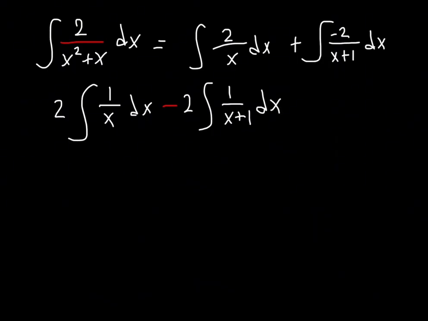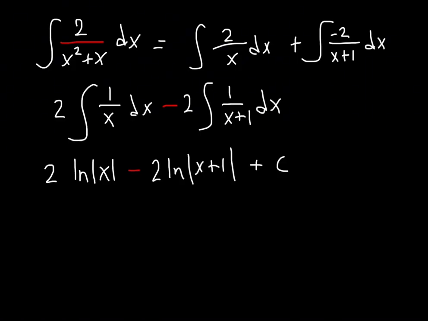Now all you need to know is that the antiderivative of 1 over x dx is simply ln of absolute value of x plus c. And let's apply that here. The antiderivative of this is going to be 2 times ln of absolute value of x, minus 2 times ln of absolute value of x plus 1, plus c.